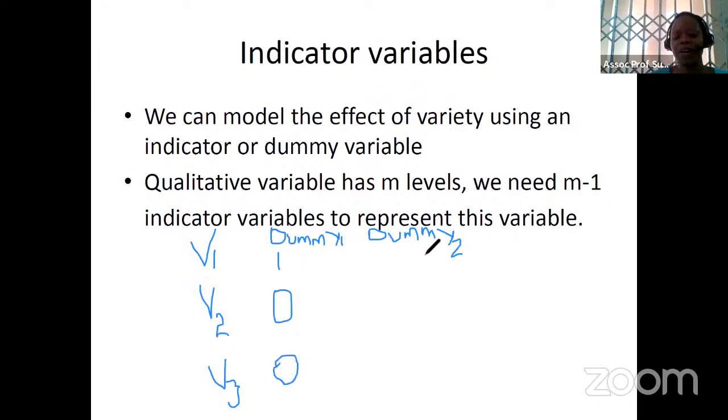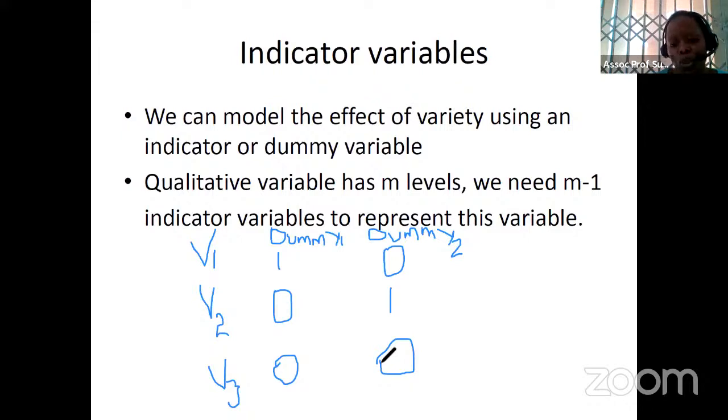For dummy variable 2, if variety is equal to V2, then the code is 1, and the rest will be 0. So V1 is represented as 0, V2 as 1, and V3 as 0. Those are going to be our dummy variables.